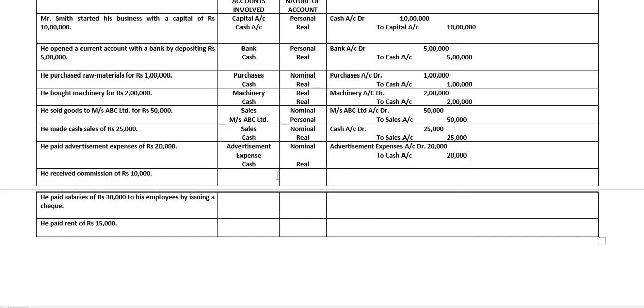So you can see we don't have to memorize any entry, and we have done 7 transactions. Let's go to the 8th transaction.